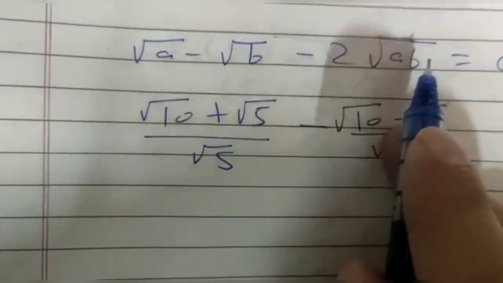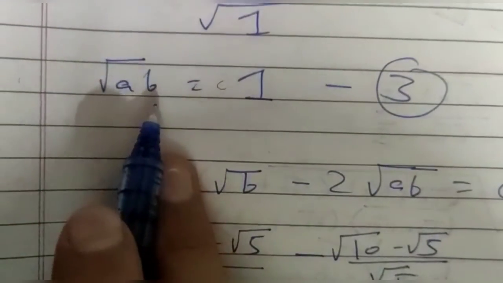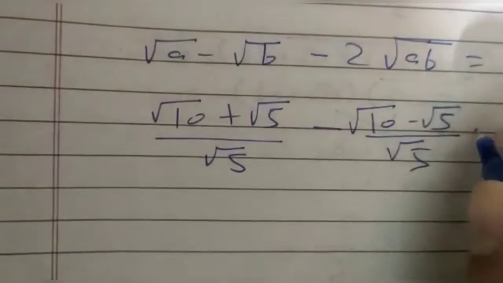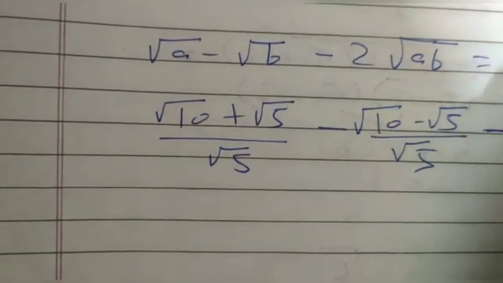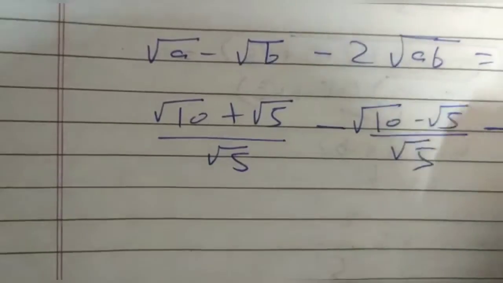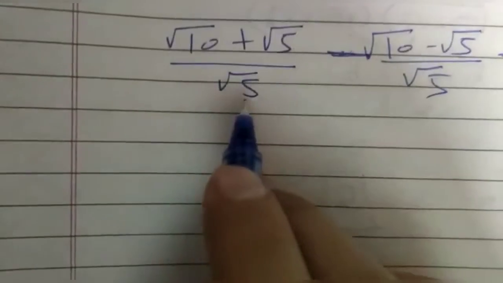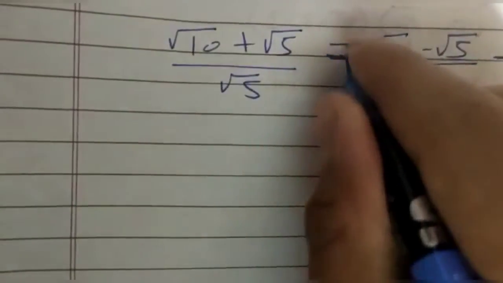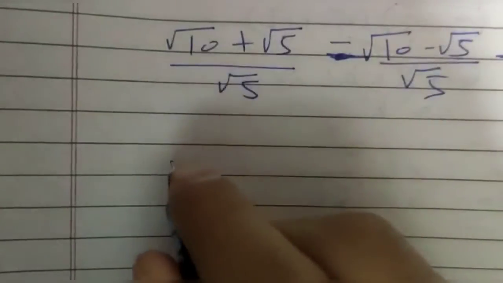And the value of root ab with the help of equation number 3, root ab is 1, so minus 2 multiplied by 1, which is 2, equals 0. Now we'll prove this. For this I need to solve this.